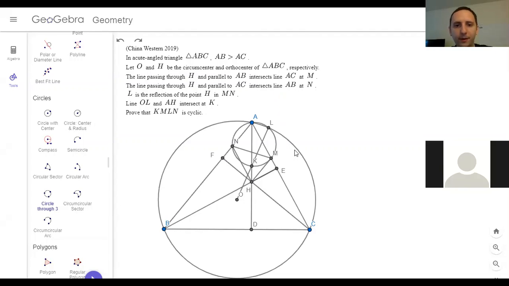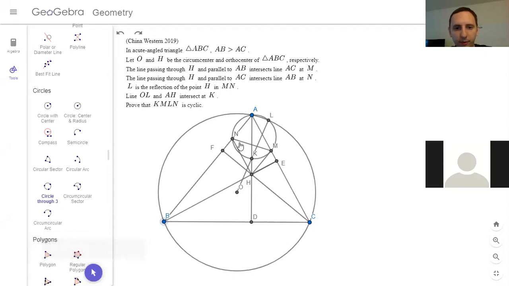HMN is similar to ABC, because HMN is congruent to ANM, and is ANM obviously similar to ABC? No, ANM isn't similar to ABC.